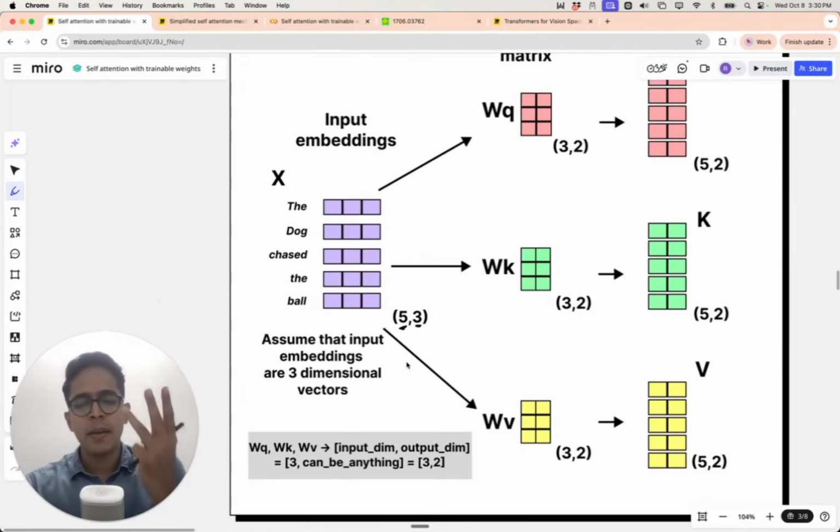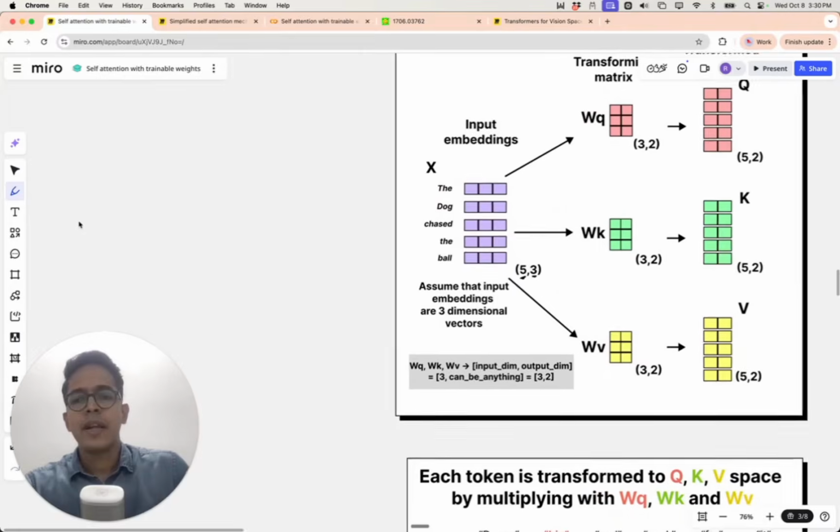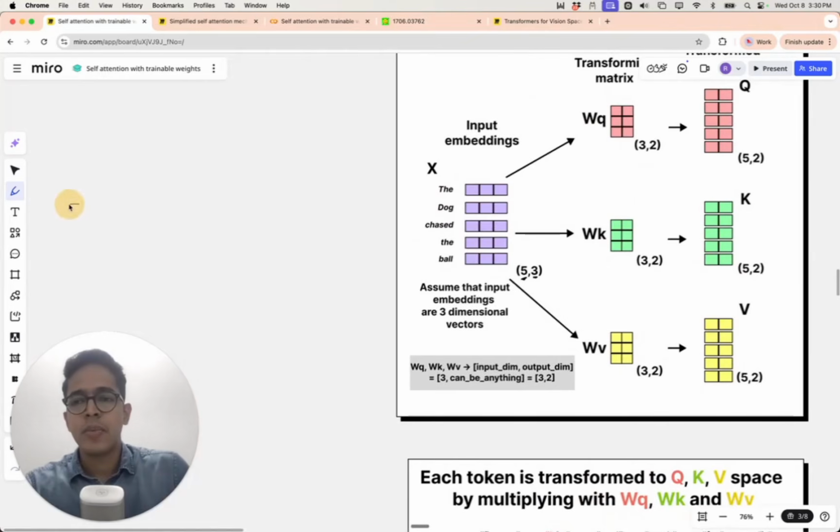So instead of a 3-dimensional space, we are going to transform these 5 input tokens into a 2-dimensional space, right? We have 5 input tokens, each of 3 dimensions, and this is now being transformed into a 2-dimensional space. But we have 5 tokens, which means we will end up with something like 5 by 2.